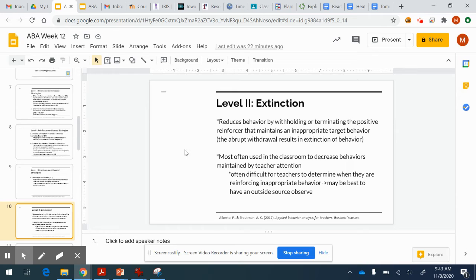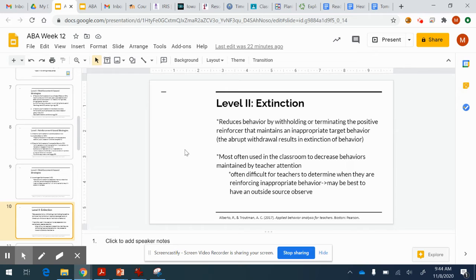Often this is difficult for teachers to determine when they are accidentally reinforcing that inappropriate behavior. Sometimes they think that they're purposefully ignoring a student, but it may be best to have an outside source observe.